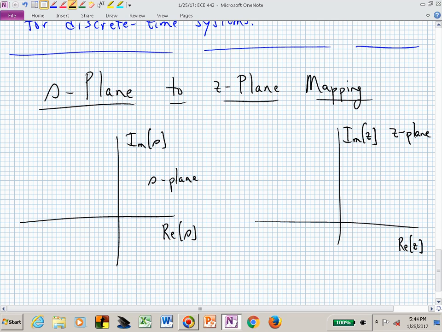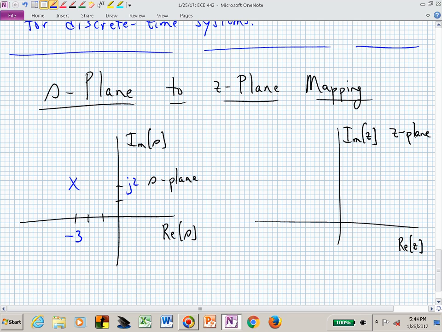And to give us something to think about, suppose that we now examine a particular complex value of -3 plus j2 in the S-plane.